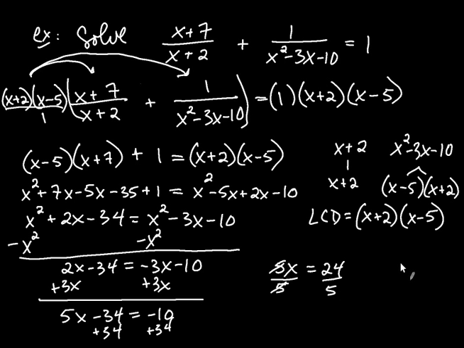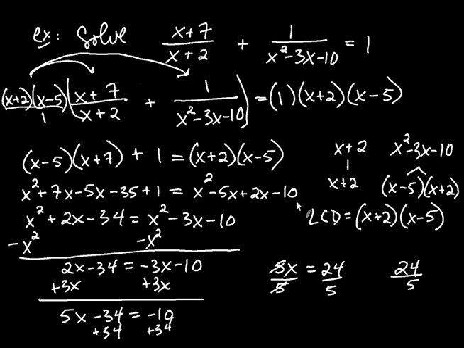Now, this would be my answer, but there's one thing to be aware of when you're solving a rational equation. Do you see how there's an x plus 2 in the denominator in the original? Now, if x was negative 2, then negative 2 plus 2 would be 0, and this rational expression would be undefined.